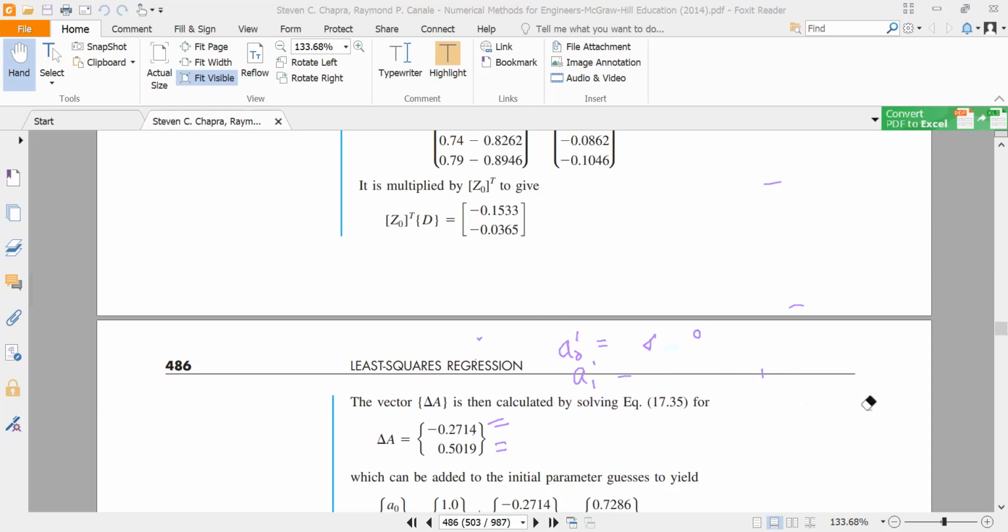Sir, very interesting. But is it like in every iteration the value of del A will change? Of course. It will change, but you have to stop it. What is your common understanding, will it be continuously changing? No, sir. After a certain stage, it will stop.